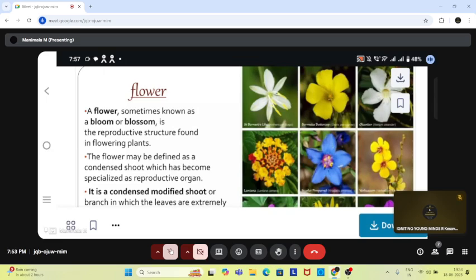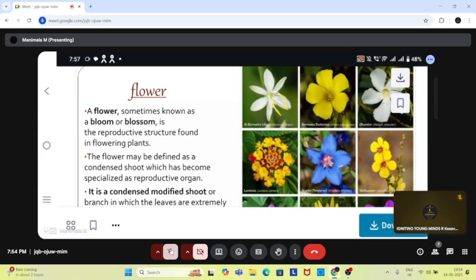Before entering into the lesson, we have 5 plant kingdoms. One is Thallophyta, the second is Bryophyta, the third is Pteridophyta, the fourth is Angiosperms, and the fifth is Gymnosperms.